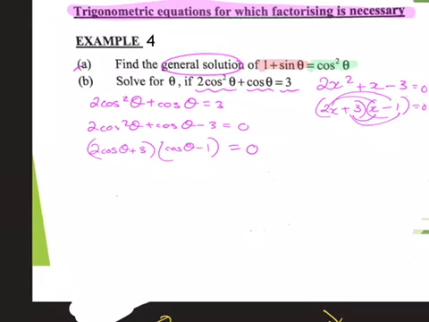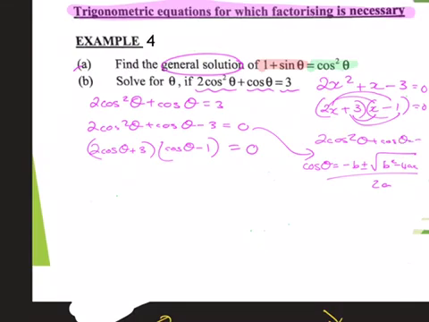For those who really struggle with trinomials, you could use the quadratic formula here. Instead of solving for x, you'd solve for cos theta equals minus b plus minus the root of b squared minus 4ac all over 2a. So 2 cos squared theta plus cos theta minus 3.